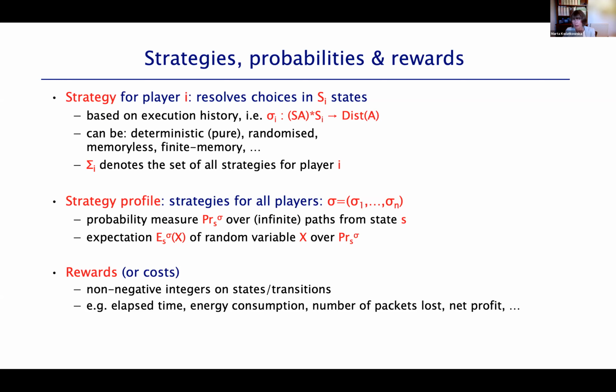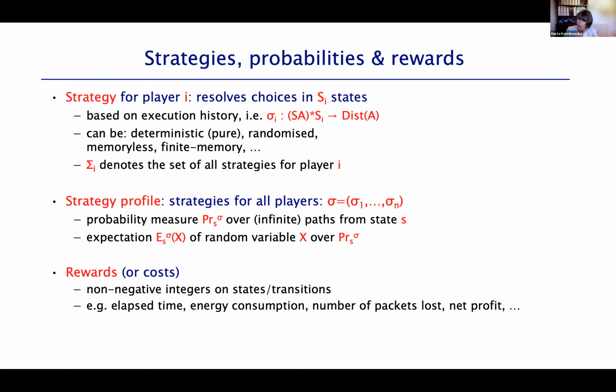And we can talk about memoryless and finite memory variants, etc. If I take a tuple of strategies, one for each player, that is known as a strategy profile. And in a standard way, I can consider the paths unfolding the behavior of the system. I can put a probability measure over this. I can then have a random variable over the computations of the game. I can compute expectations over this.